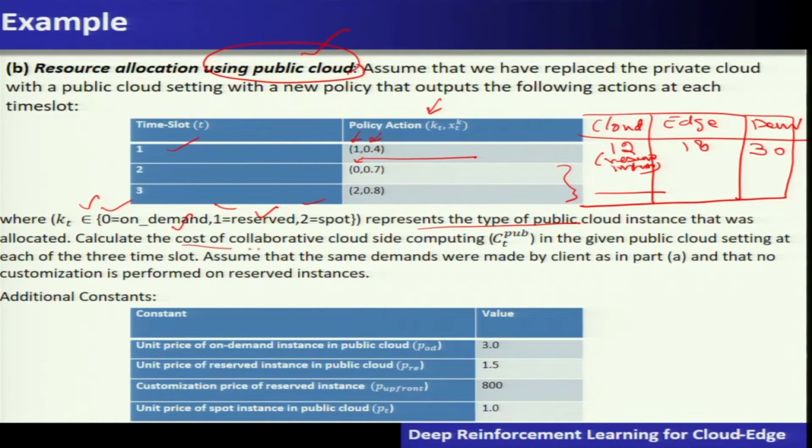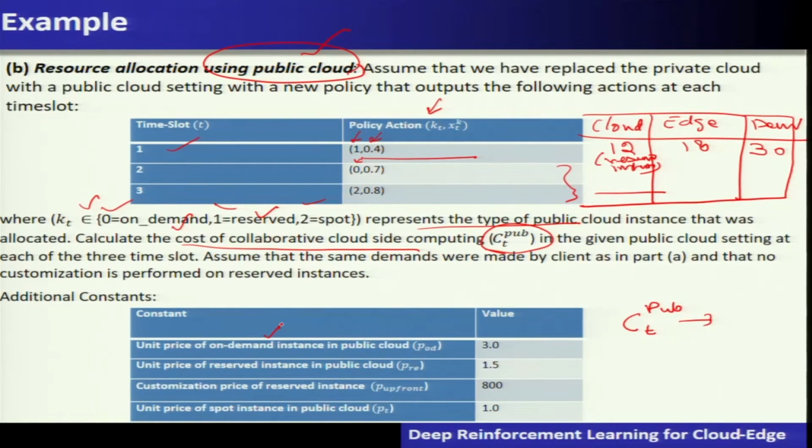To calculate the cost of collaborative cloud side computing, which is expressed by C of public cloud at a time t in a given public cloud setting, at each of these time slots you require some more constants. So what are those constants for the cost function?